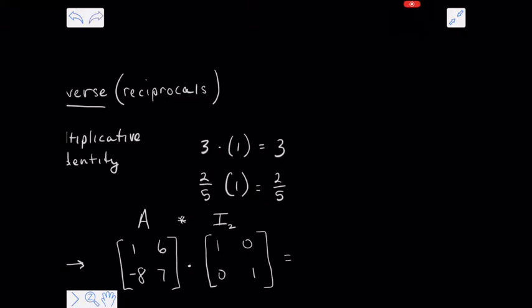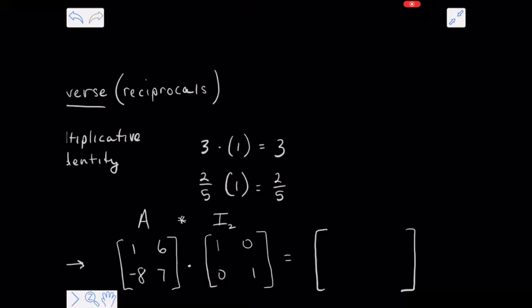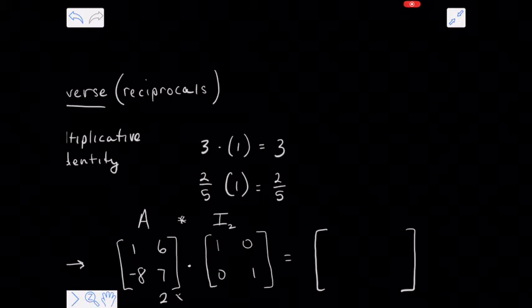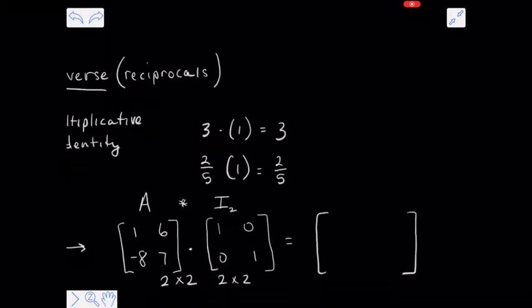Now let's just double check. We practiced multiplying matrices in our last lesson, 6.2, and just as a quick review, these are both 2x2, so you always check the inside dimensions to see if they match, and they do. So we can multiply these matrices together, and then these outer dimensions here, remember, tell us that the resulting matrix is going to be 2x2.